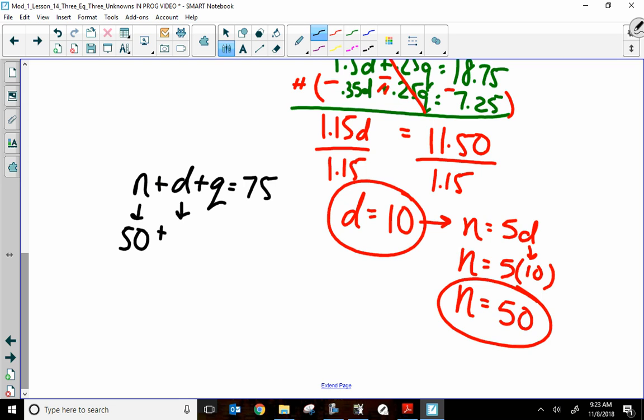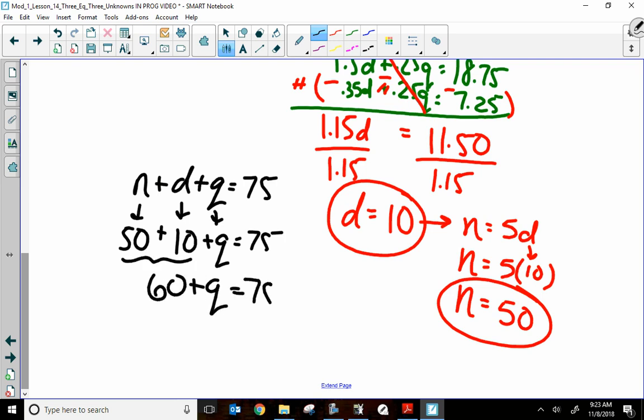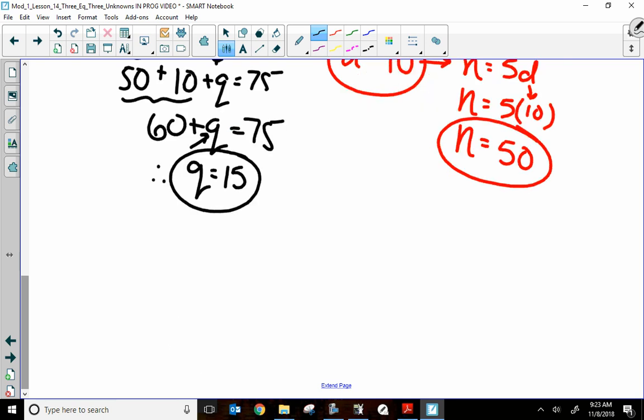My dimes, 10. I need to find my quarters. If I add these two, I get 60 plus Q equals 75. And once again, at this point in your careers, you should know that 60 plus 15 is 75.